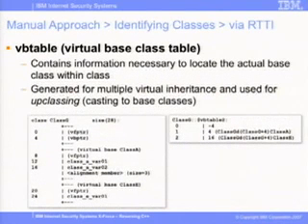The VB table is used for multiple virtual inheritance, in which you will need to upcast to a specific class. In this example, class G is inheriting from class A and class E. So what is the mechanism for C++ to specifically upcast to class A and class E?